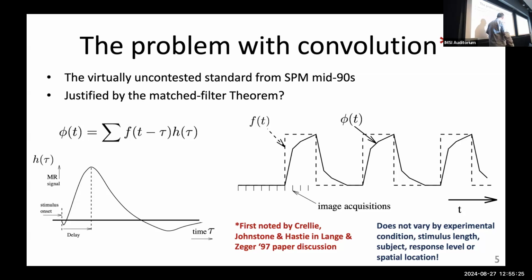Notice here, this shape does not vary by experimental condition, doesn't vary by stimulus length, doesn't vary by subject, response level, or spatial location. In particular, response level is kind of an interesting one, because if you have a voxel that has a very large response, that means it still has to shoot up with the same pattern, and then it has to drain away at that same rate, again with this anti-symmetry.